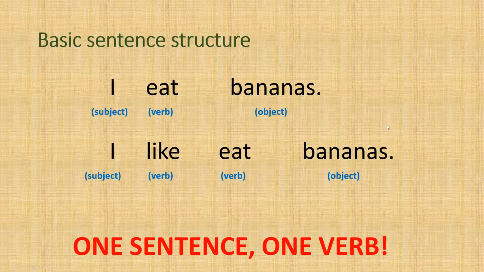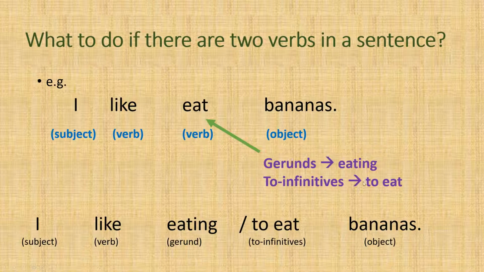So go back to the very beginning about what we are going to talk about, the gerunds and infinitives. So what to do if there are two verbs in the sentence to make a grammatically correct sentence?